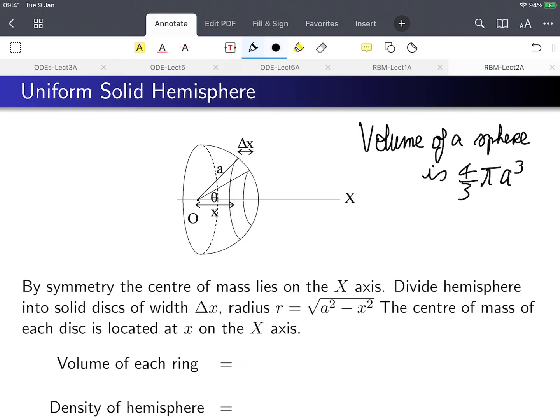It's solid instead of a shell. So by symmetry, I know it's going to be somewhere on the x-axis. That's the only axis of symmetry I can think of. I'm going to divide it into, instead of rings now, it's going to be disks, solid disks. All right, this is full.